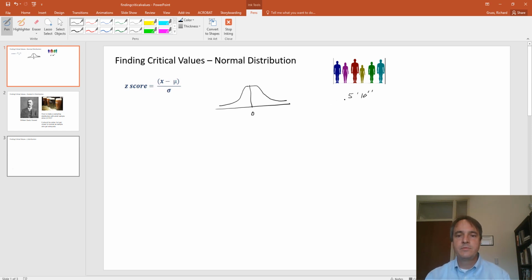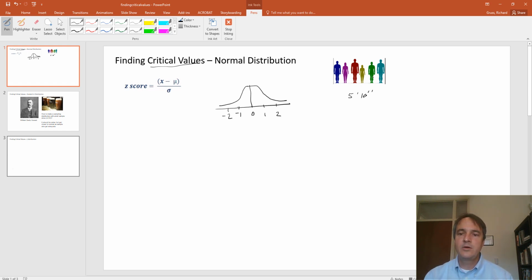Something lower than this would be a certain number of standard deviations below it, and something above this would be a certain number of standard deviations above it. So what we're looking for when we're looking for critical values is a z-score. Okay, so let's say we've got this range here, and this is 1 standard deviation above, this is 2 standard deviations above, this is 1 standard deviation below, and this is 2 standard deviations below.